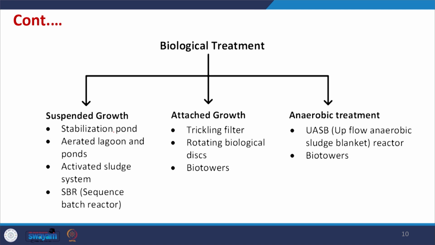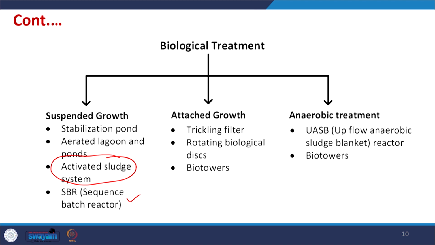So, there are two types of possibilities, suspended growth and attached growth, and these growth methods may be aerobic or anaerobic. In the suspended growth aerobic methods, we can have stabilization ponds, aerated lagoons and ponds, then the activated sludge system, which is the most common system, then SBR, which is called sequential batch reactor, and these SBRs are now becoming very common.